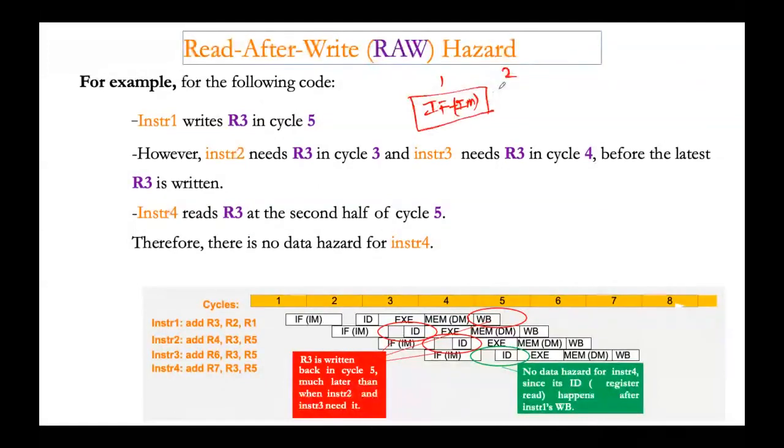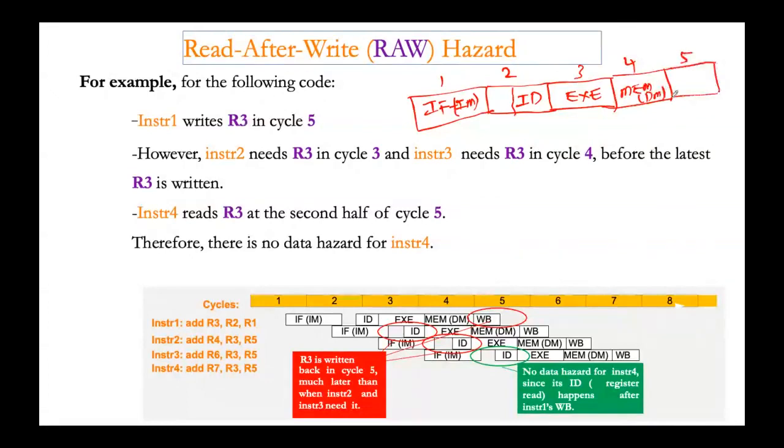In the second cycle, the first half is used for writing and the second half for instruction decoding, where the data is read. In the third cycle, it goes to the execution part. You are executing, and in the fourth cycle, it goes to memory. Here, the data memory is used. In the fifth cycle, it goes for write back.